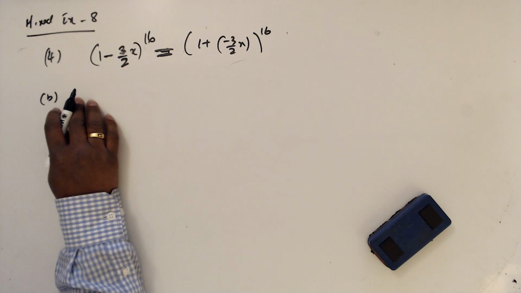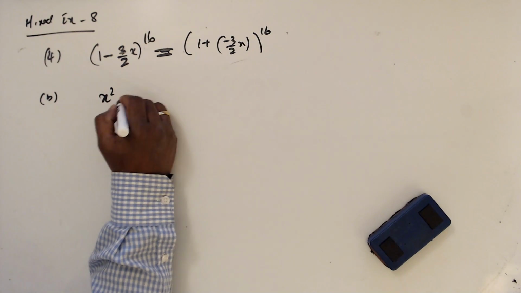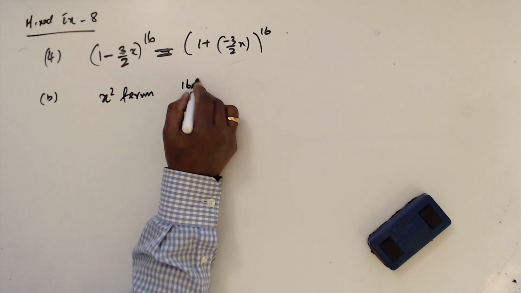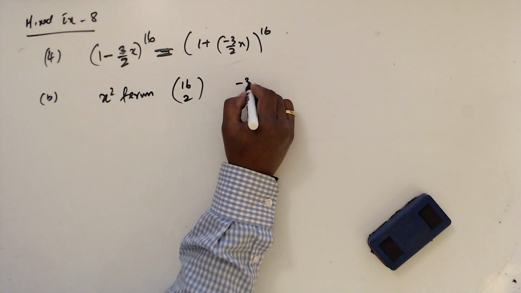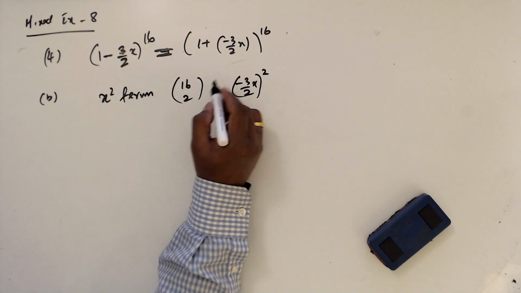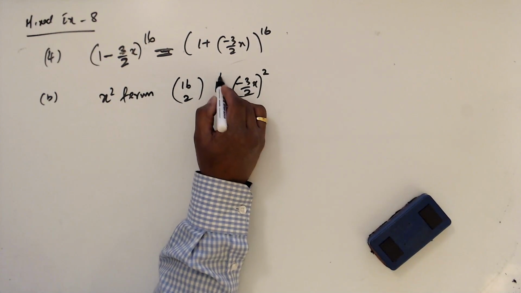So part B, find the coefficient of x squared in the expansion. So we want to write the x squared term. It means 16 choose 2, minus 3 over 2 x squared, then 1 to the power 16 minus 2, 14.